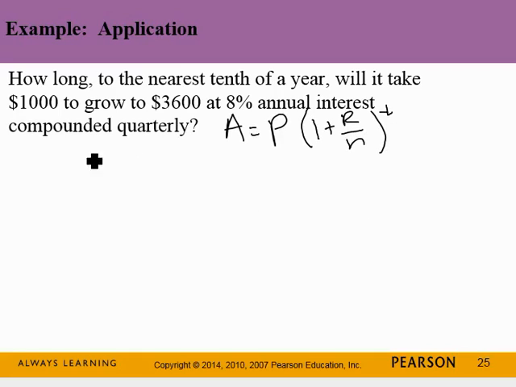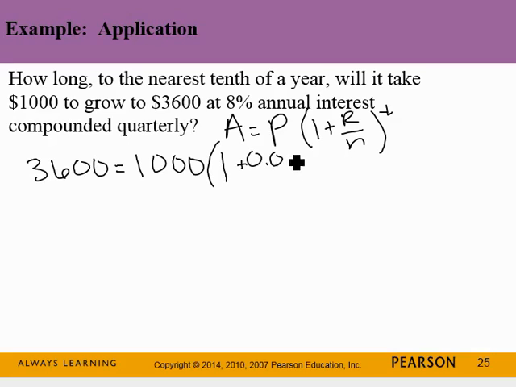This is the equation we had learned before. And we're compounding it quarterly. And we're looking for our exponent.